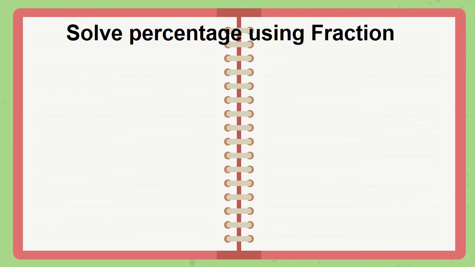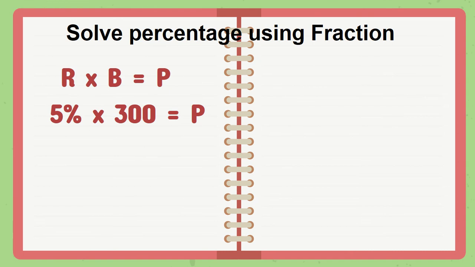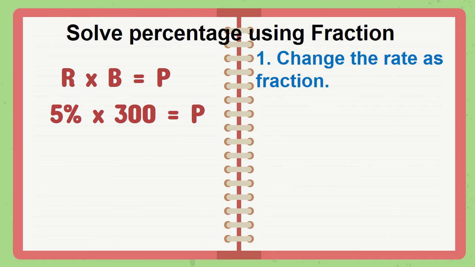So, let's have another example. So, let's solve percentage using fraction. So, 5% times 300 equals P. So, change the rate as a fraction. So, you will have this 5% will become 5 over 100 times 300.